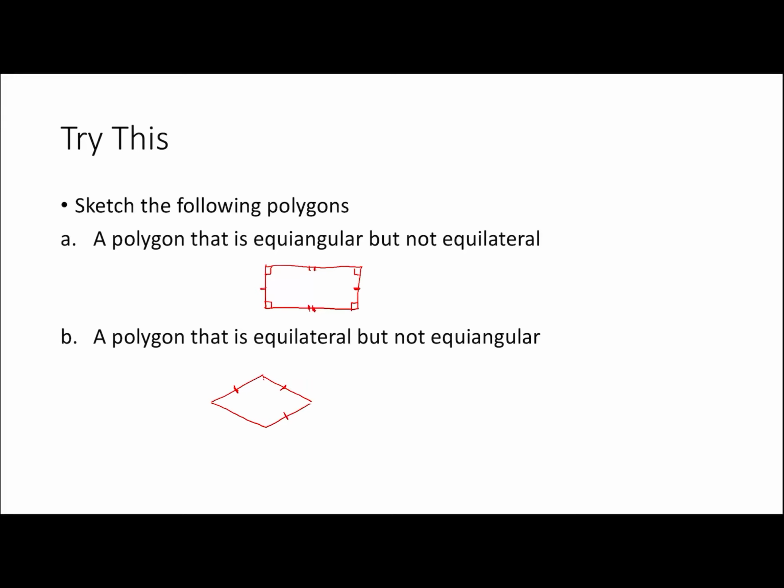So every one of these sides would be the same length. But obviously you can see that this angle measurement and this one at the top are not the same. And so because of that, we'd say, oh, well, that shape is equilateral, but not equiangular.